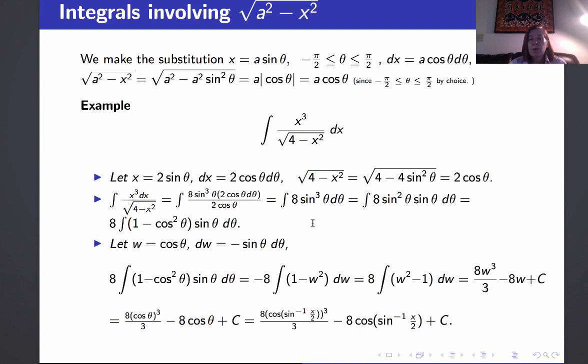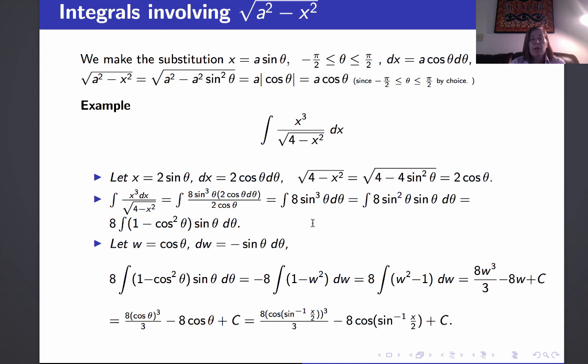And that's 8w cubed over 3 minus 8w plus C, and replacing our w by cosine of theta, we get that our integral is 8 times cosine theta cubed over 3 minus 8 times cosine theta.